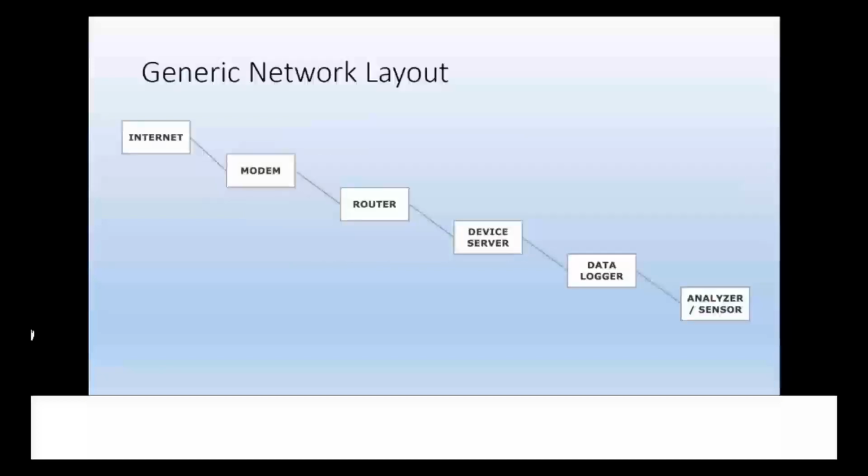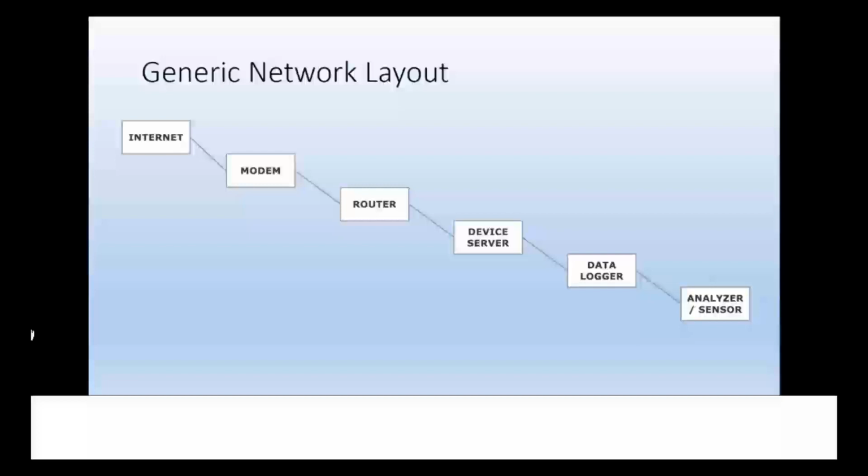So this is a very generic network layout, similar in a fashion to what Mike had shown before. On the bottom right, you've got your analyzer or sensor that's making the measurement, sending that signal, whether it be analog or digital, to your data logger. And your data logger is aggregating that data into minute or hourly averages or whatever you need that data to be collected in.